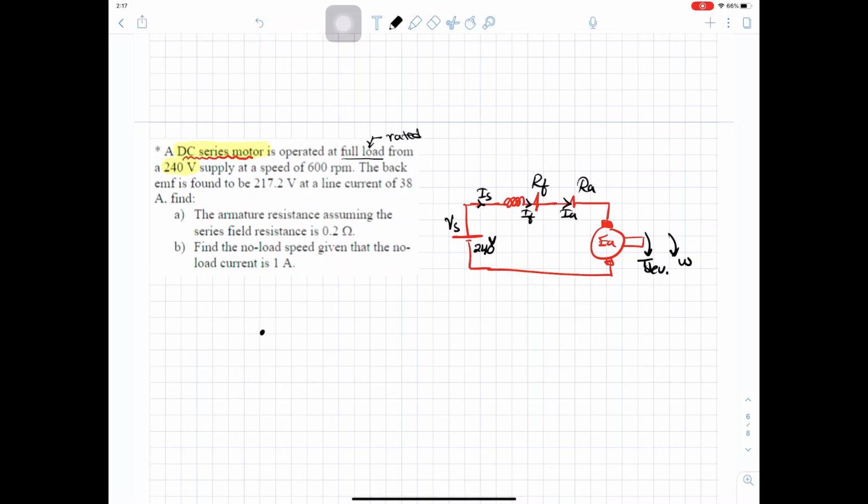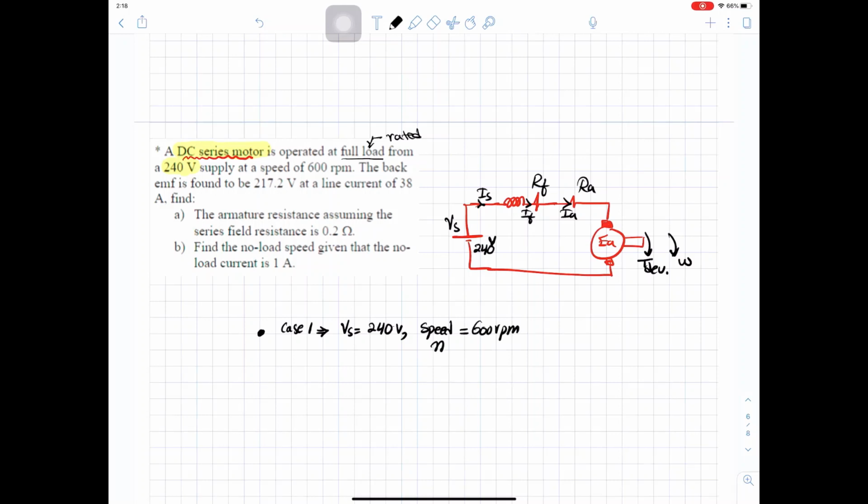Please divide the given data into cases. Let's say this is case 1. In case 1, V source is 240 volt, and the speed is 600 RPM.